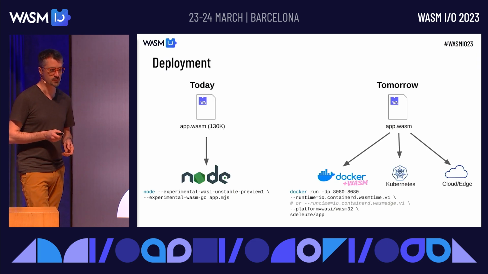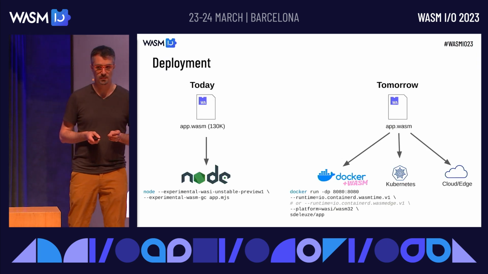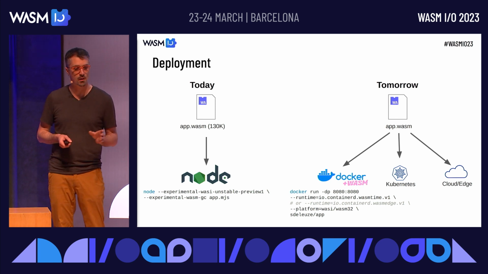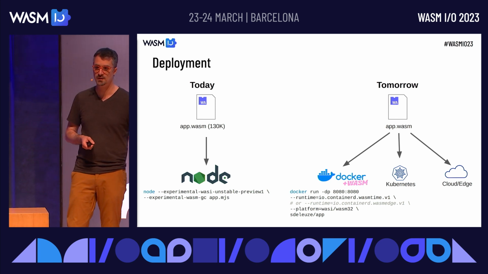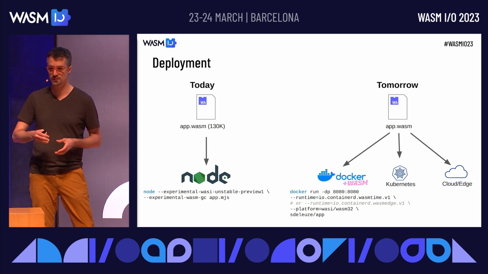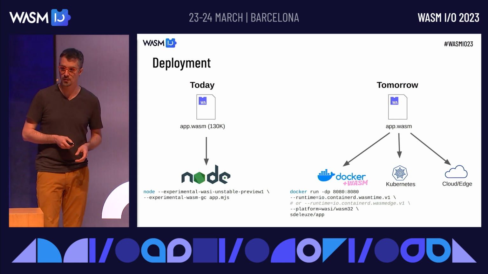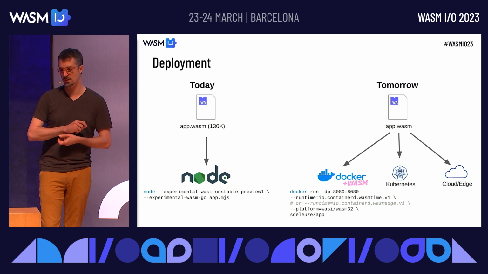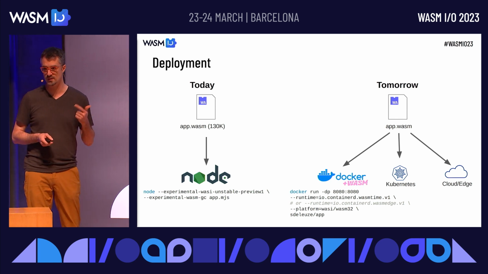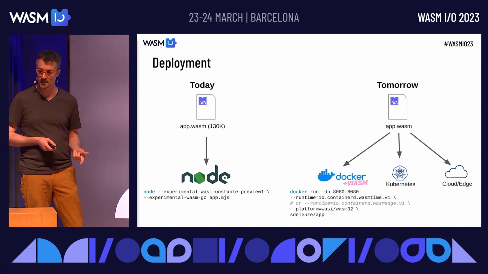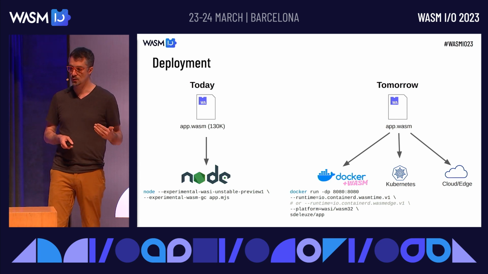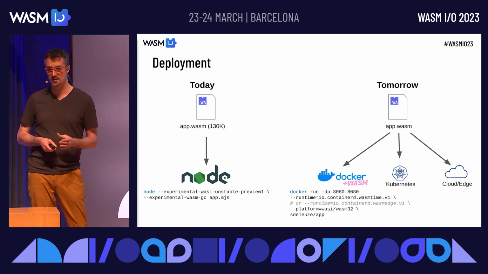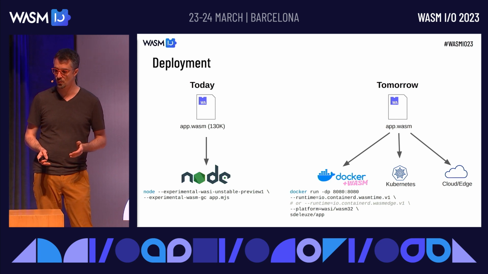So let's focus a bit more on the deployment side of the story, because this is pretty important. For now, I do a little trick, like I said. I'm using Node.js and Node.js API for the socket part because not yet available, but we are working to introduce Wasm GC support into the various WASI runtimes, like Wasm Edge, Wasm Time, and that will be the case. When that will be the case, we are going to be able to deploy that as a pure WASI workload without any JavaScript involved.